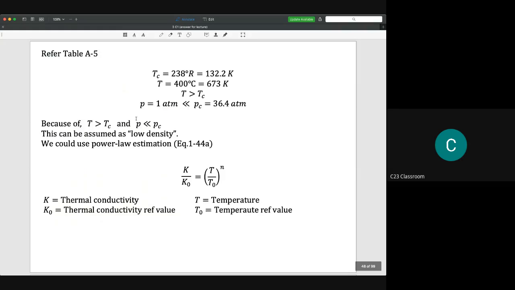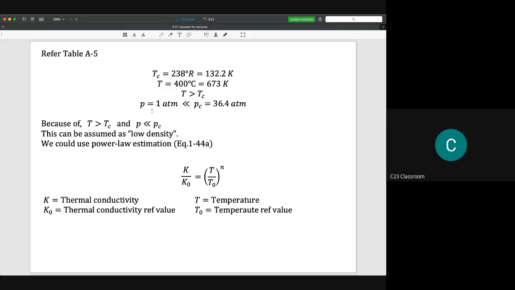Again, if you refer to table A5, the critical temperature is around 238 degrees Rankine, degree R, so it is equal to 132.2 Kelvin. The temperature is 400 degrees Celsius, which is 673 Kelvin. So from here we could compare that the temperature is greater than the critical temperature.